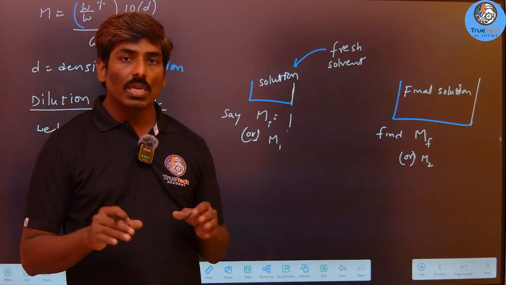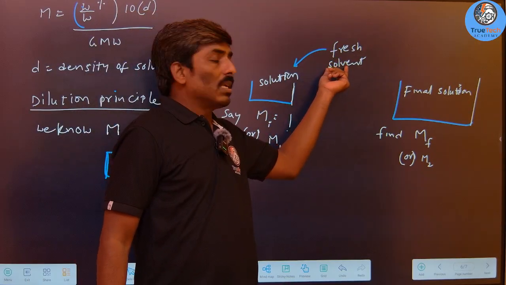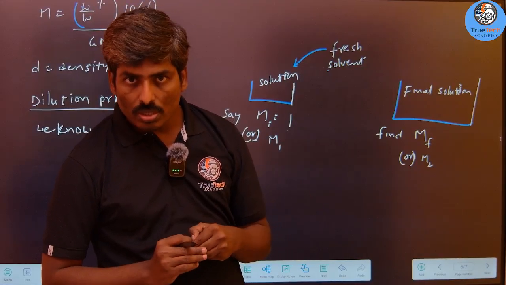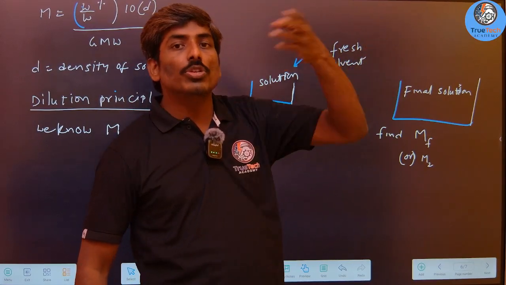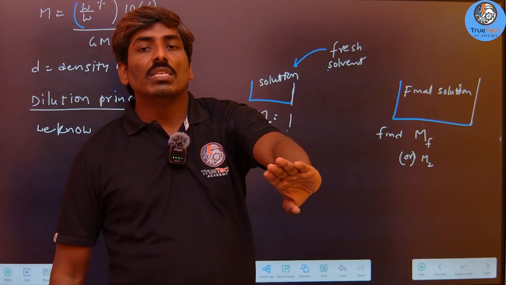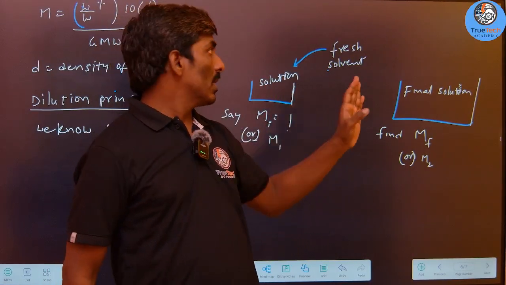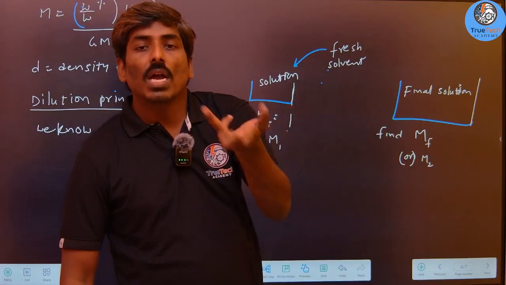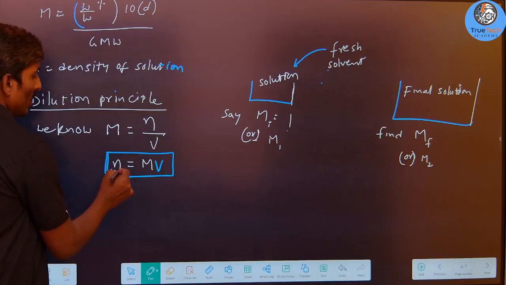Here what we are doing is adding solvent, so there is no change in the solute. Only the solvent quantity and then the solution concentration change. So during dilution there is no change in the weight of solute or moles of solute. Only the concentration and the quantity of solvent and solution change. So N is constant.